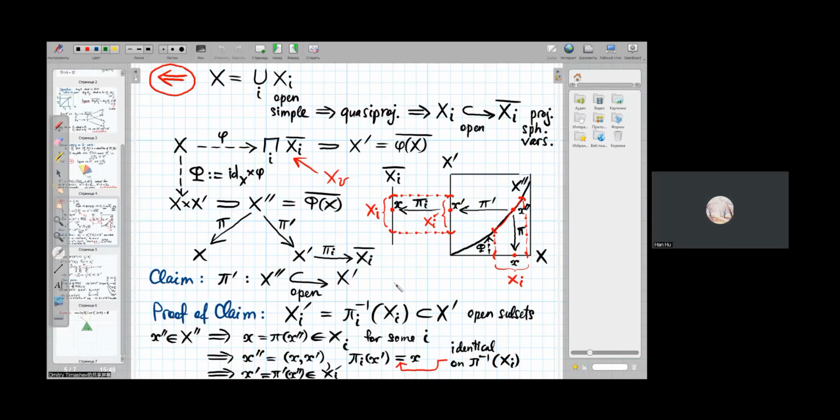The Chow lemma says that for any algebraic variety, you can construct a quasi-projective algebraic variety and a birational proper map from a quasi-projective variety to the initial one. Maybe you know this lemma from algebraic geometry, Chow lemma. Yes, I've heard of it. Yes, and actually this argument is taken from the proof of this lemma.